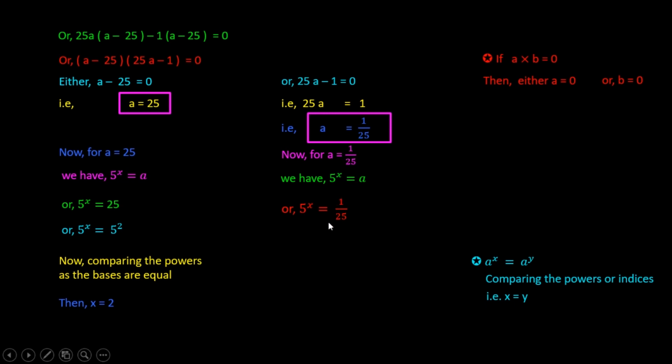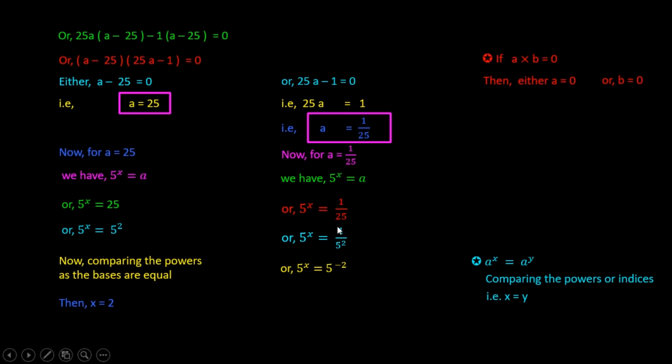Again you have to make the bases equal. We can write 25 as 5 to the power 2, or 5 squared, but the bases are not equal because it is in fraction form, so we have to take this to the numerator. As I have already explained, when you take the denominator to the numerator, the sign of the power is changed and the base remains the same.